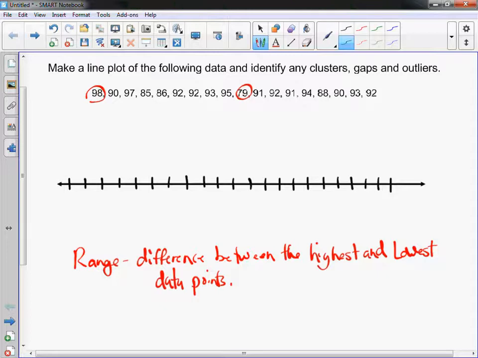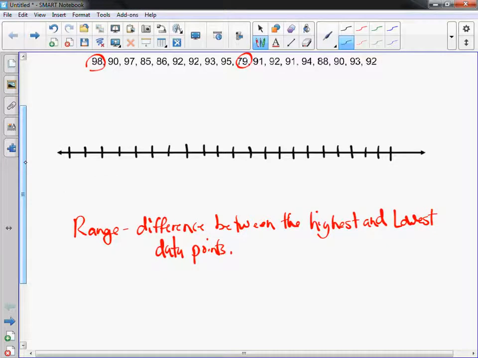Let me start. I'm going to number the evens in here.